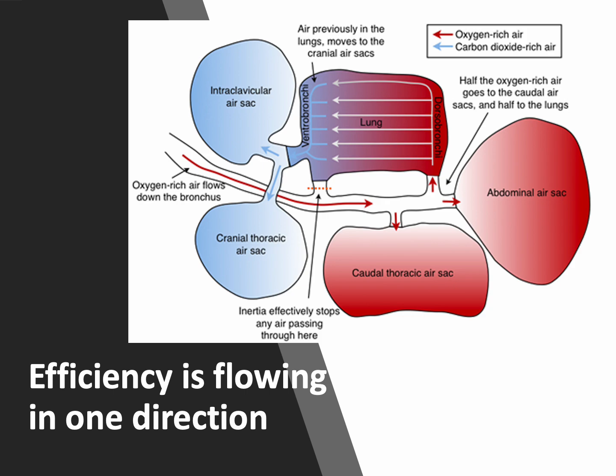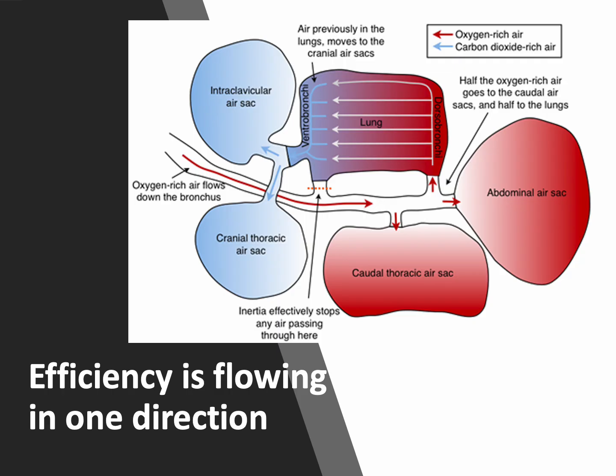And then at the same time, air that was in the lungs that has now been depleted of oxygen moves out of the lungs into another set of air sacs near the front of the bird. Your interclavicular air sac is located around the wishbone of a bird, and there are other ones closer to the opening, the thoracic air sacs.